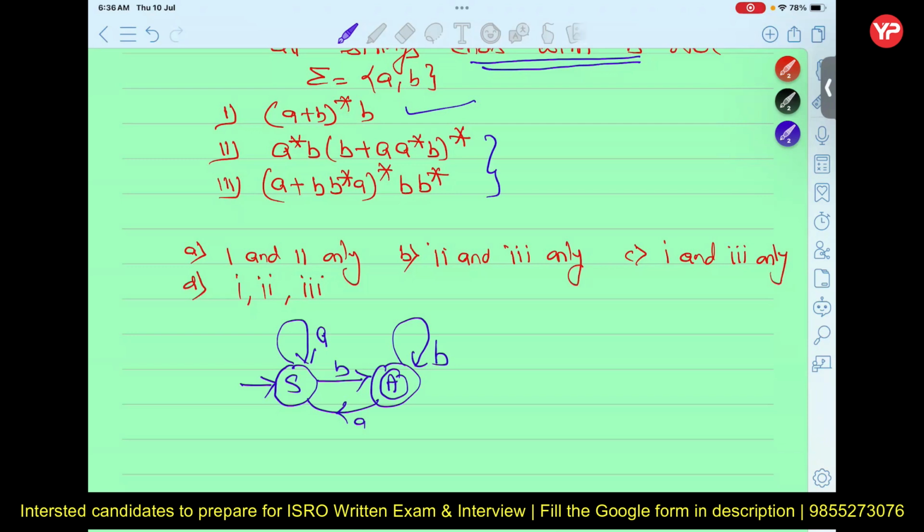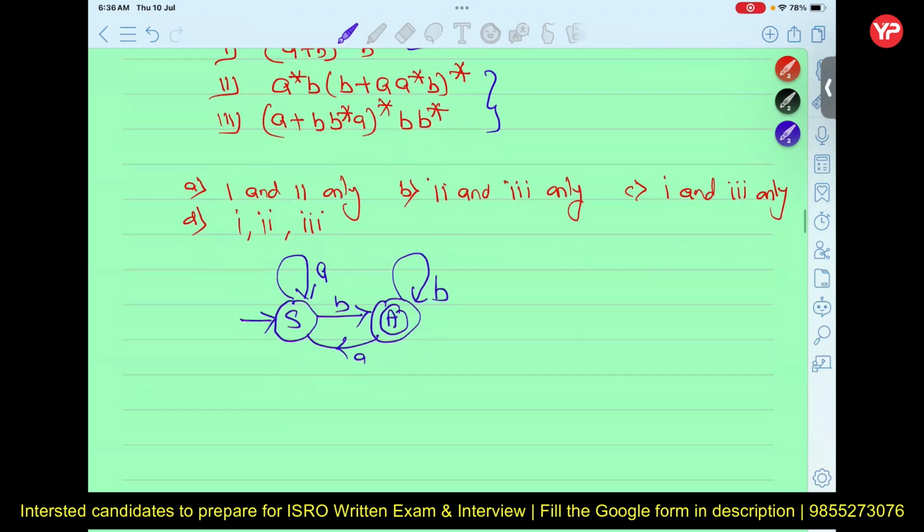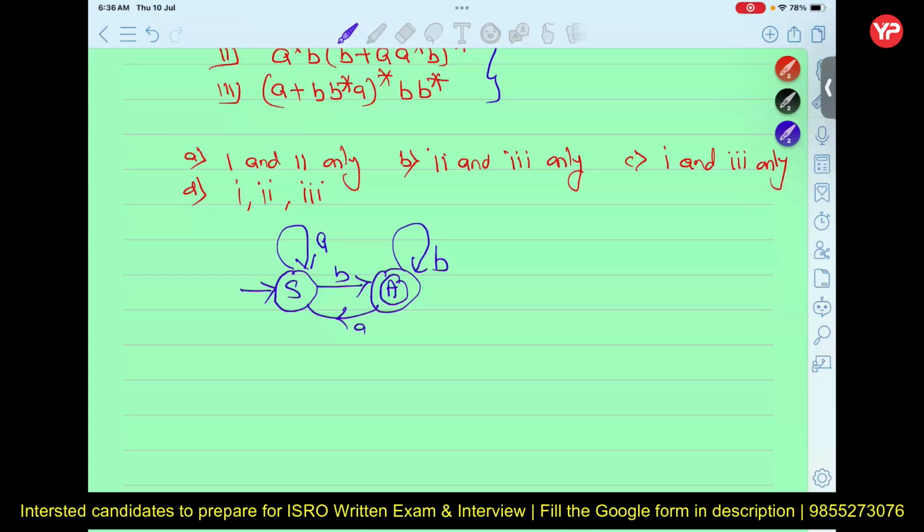How? Now see my dear students, just listen carefully. Suppose that we have a state S having two loops. One is A and one is B. Can I write it as A comma B? As simple as that. Now, can you see here on state S we have two loops.